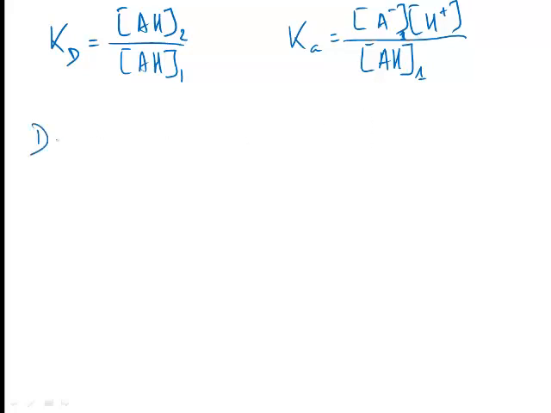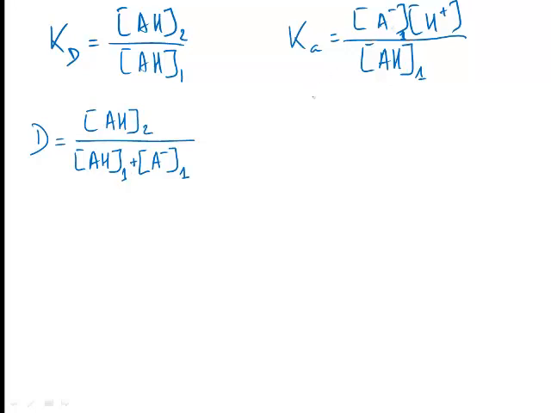And we have D equal to AH2 over the sum of all the forms of A in phase 1, so it's AH1 plus the concentration of A minus in phase 1.